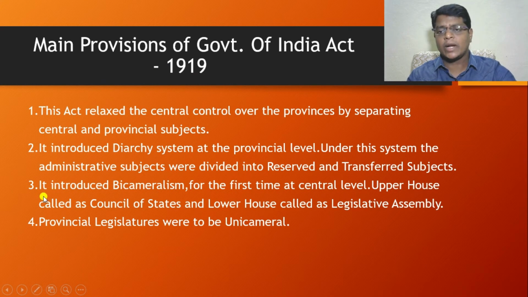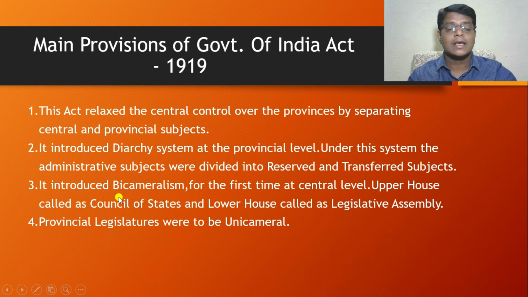The next provision is that this act introduced bicameralism for the first time at the central level. You know what bicameralism means; we studied it in first year. Bicameralism is the dual house system, where the legislature contains two houses, an upper house and a lower house.